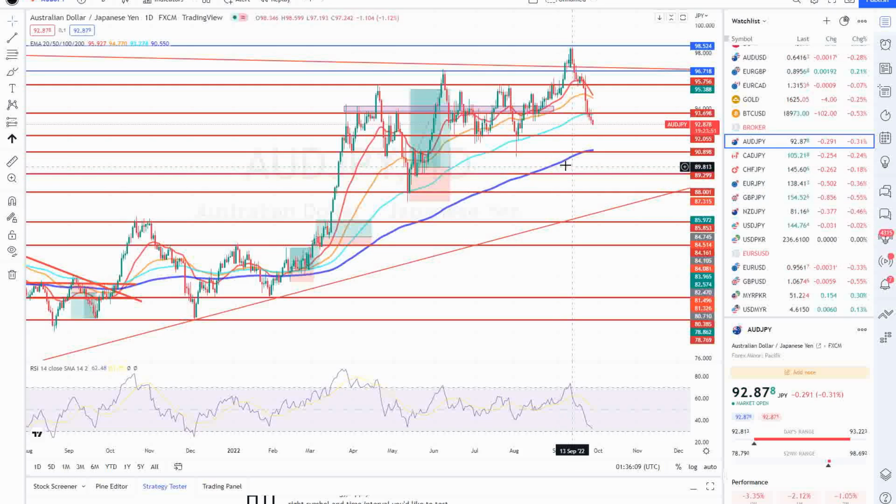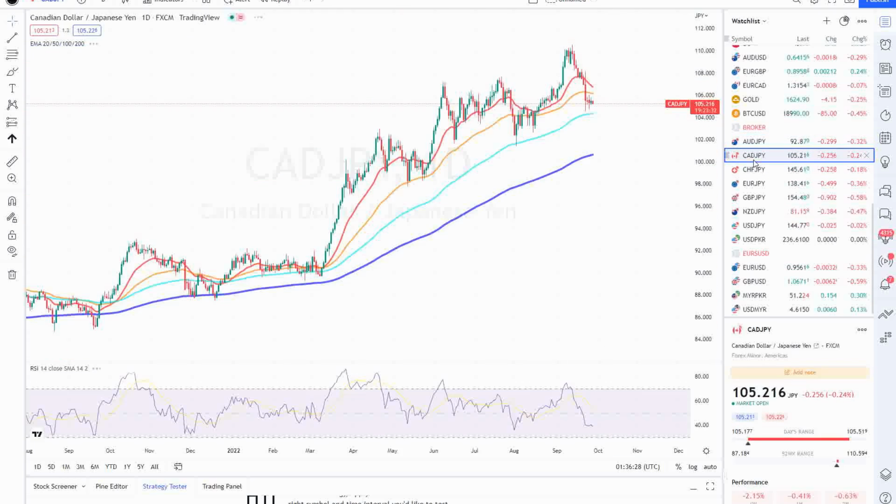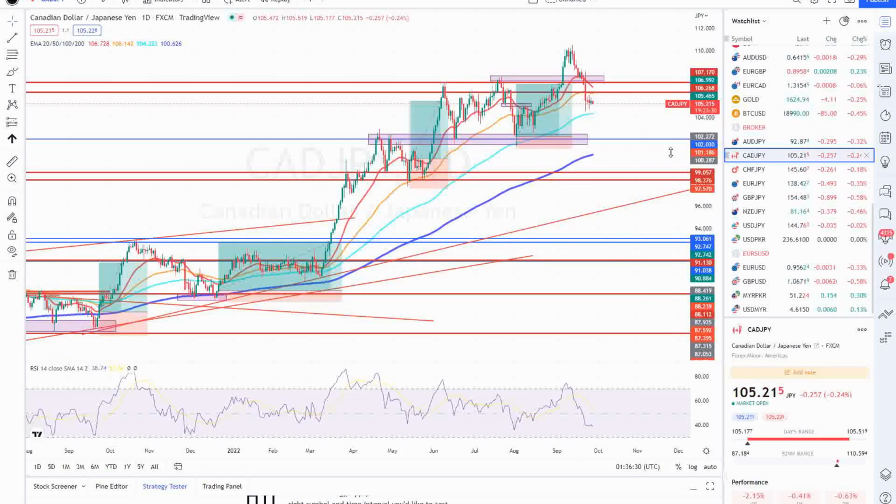Let's first see them cross this 200 EMA, which is a clear indication that it's going to start a downtrend, but still I am holding. I'm not going to enter into this pair. Australian dollar JPY is going in a downward direction, and Canadian dollar JPY is also going downward.